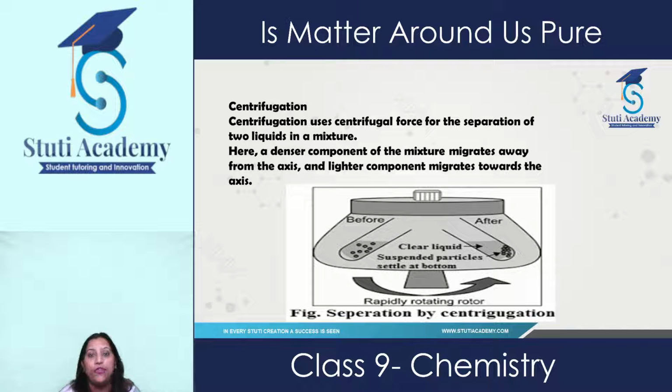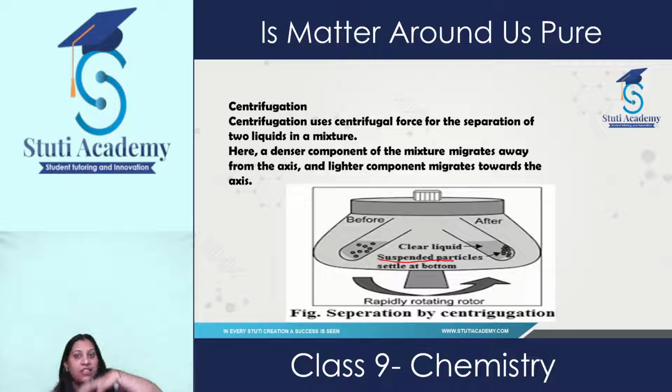Next is centrifugation. Centrifugation is a special kind of technique used when two liquids are mixed as a mixture. It is used to separate the suspended particles of an insoluble substance from a liquid by rotating at high speed.